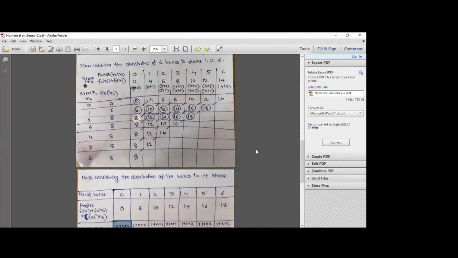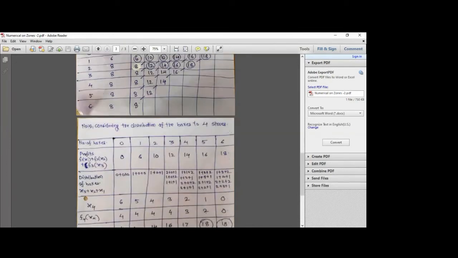So the combination that you are going to get here is 0 plus 0 plus 0. Similarly, for this 1 crate the maximum profit was 6, and the combination here: what is the x3 value? It is 1, the x2 value is 0, and the x1 value is 0. So it will be 1 plus 0 plus 0. Here you can see 1 plus 0 plus 0.